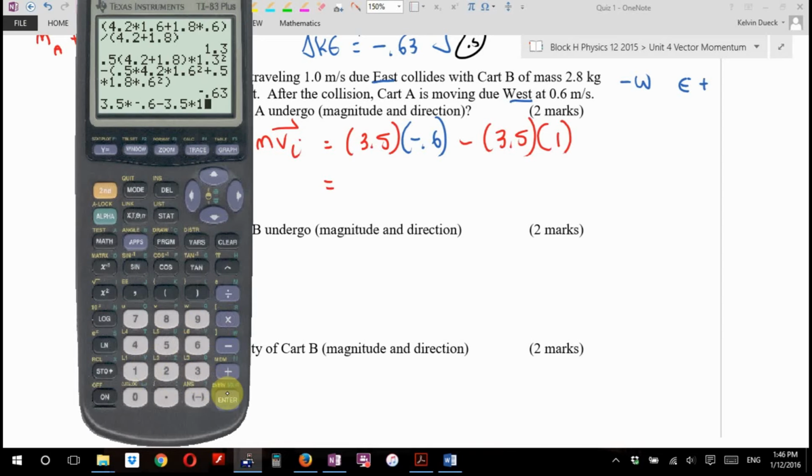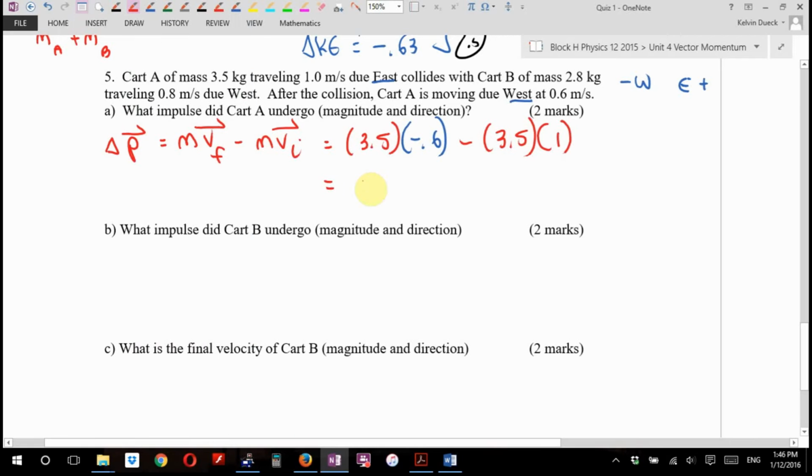You could have let the initial be negative, by the way. If you told me the answer was positive 5.6, I'll give you full marks. I got negative 5.6 kilogram meters per second, or as a direction, what does this negative mean? Oh, that's what I defined it. So you could say 5.6 kilogram meters per second west.